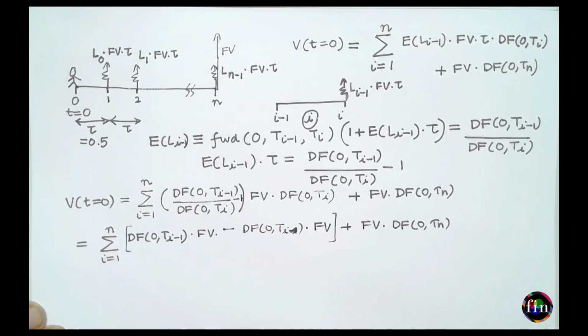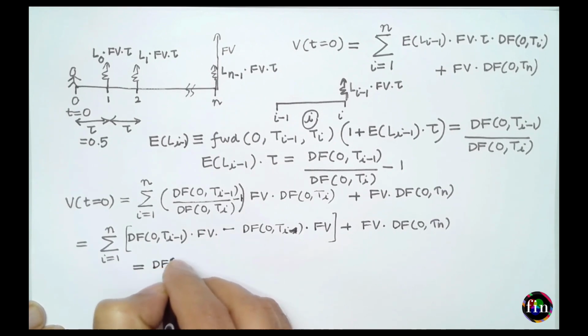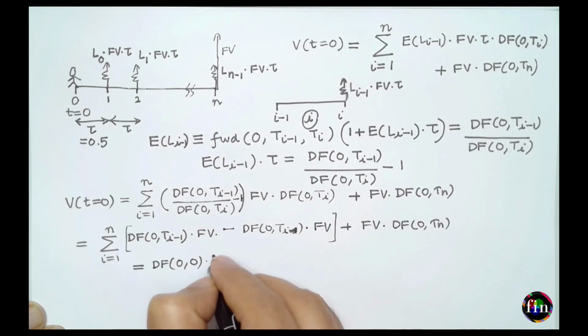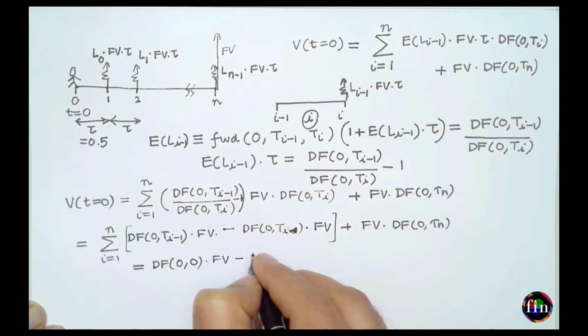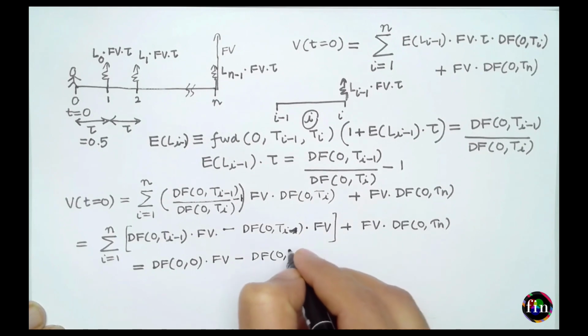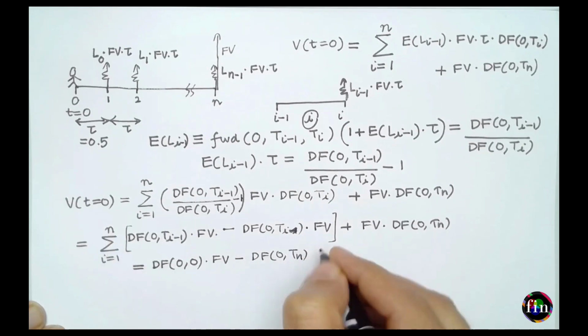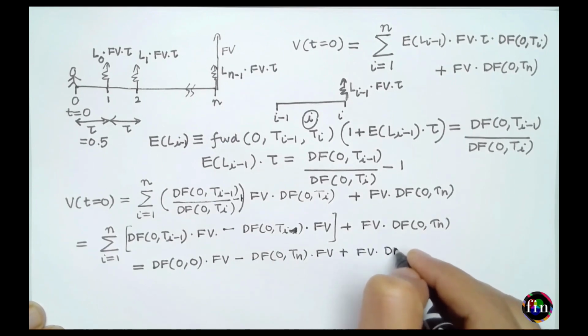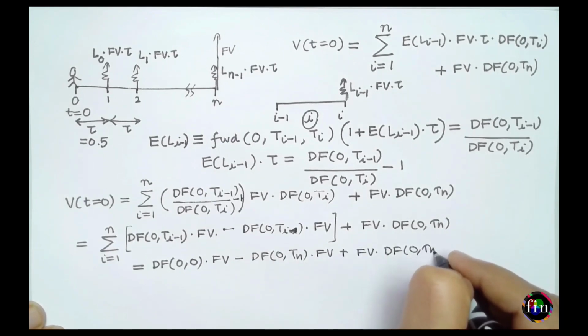So if I were to open this summation up one by one, start with i equal to 1, right till i equal to n, what you will see is that alternate terms keep cancelling. So what you will be left with in the end will be df from 0 to 0, that means t naught, which is as of today, times fv, minus the discount factor from 0 to tn, the last term, times fv, plus fv times df from 0 to tn.